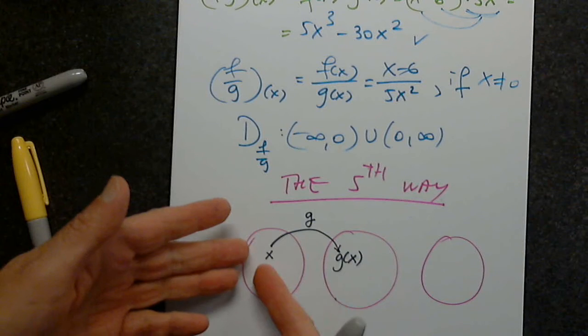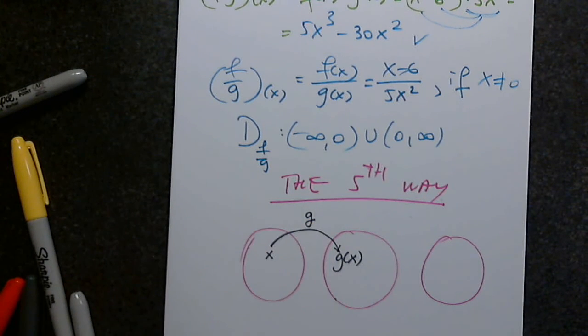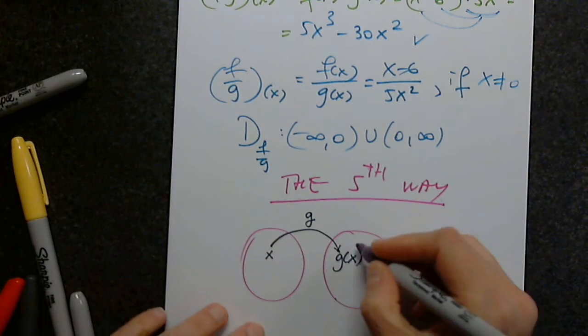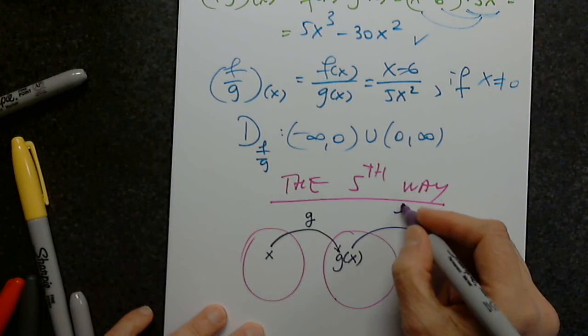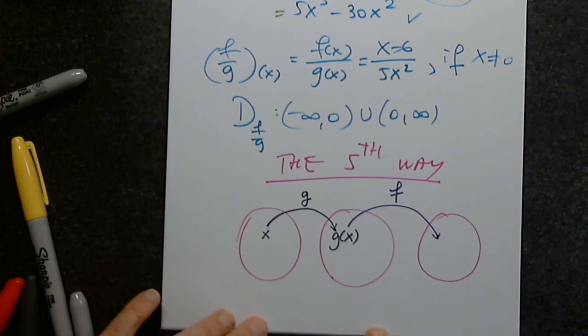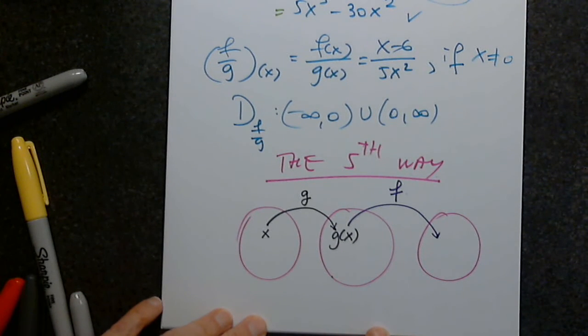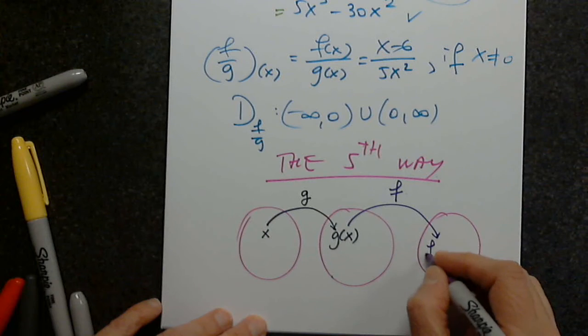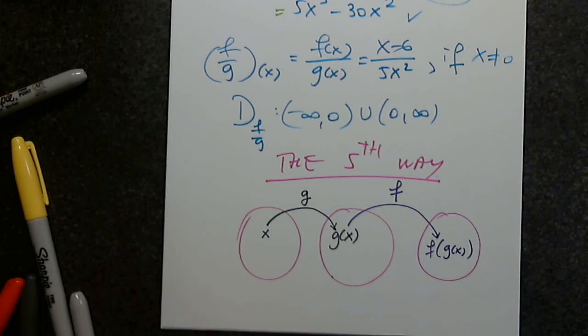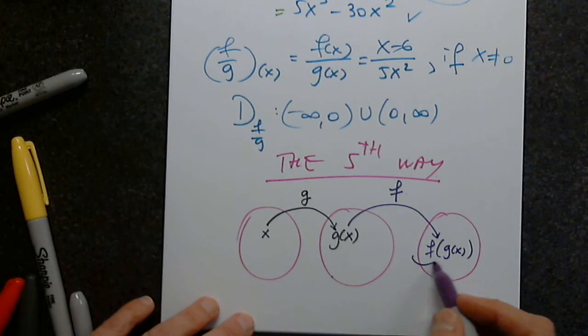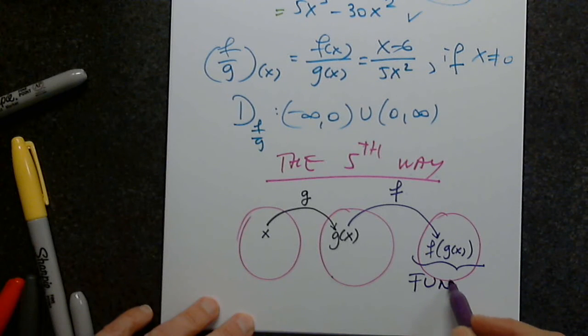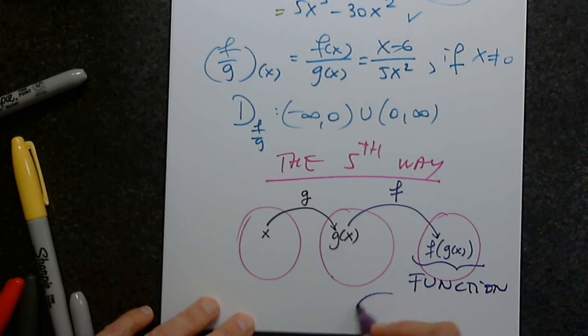Because if I apply g to 5, I get g of 5, which is whatever number. To this number, I decide to apply another function, this time a new function called f. What do I get now when I apply f to this number? Excellent. Well done. This is called function composition.